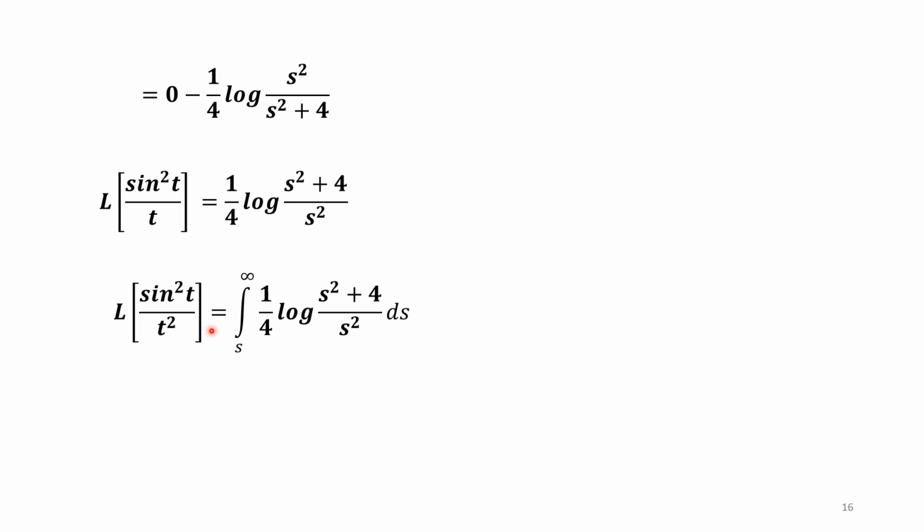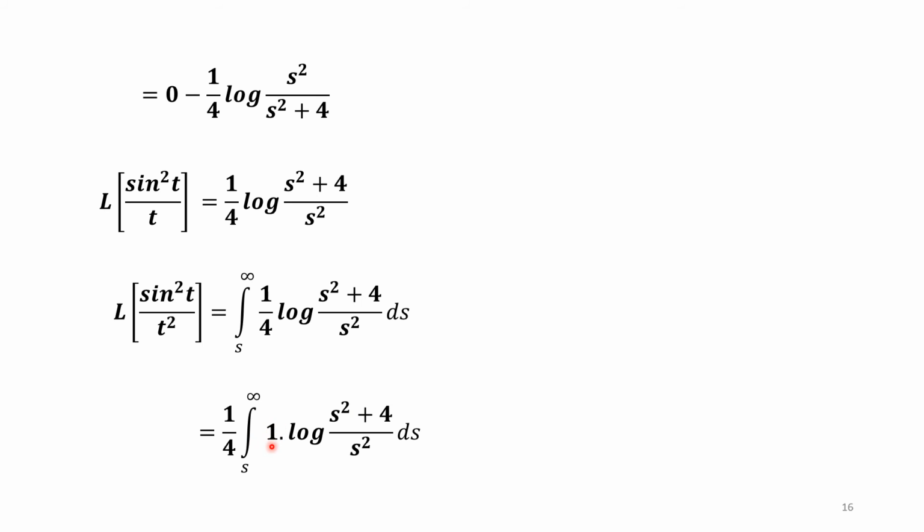Again 1 by 4 is a constant which can be taken outside. Now it's integration of log. Whenever we have the log function, we have to take it as 1 into log so that we can apply integration by parts or the UV rule, because log functions cannot be integrated directly.